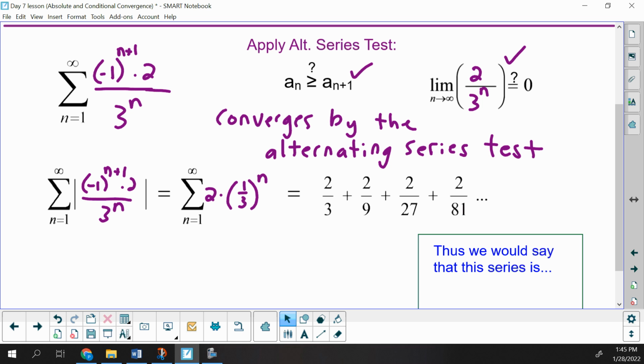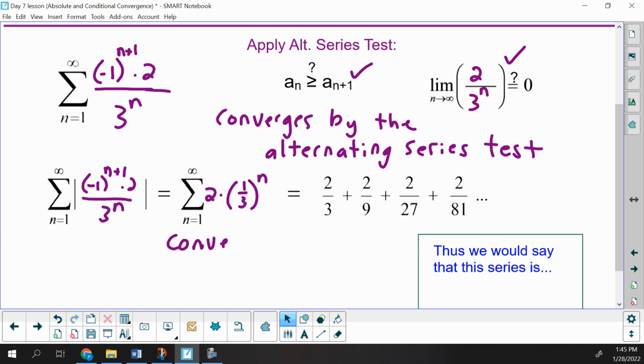And notice we have our individual terms there. Now the advantage of writing it as 2 times 1/3 to the n is hopefully it's easier to recognize that that is just a geometric sequence. Notice our absolute value of r is less than 1, so that would lead us to know that this converges.